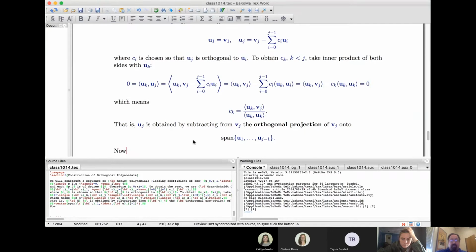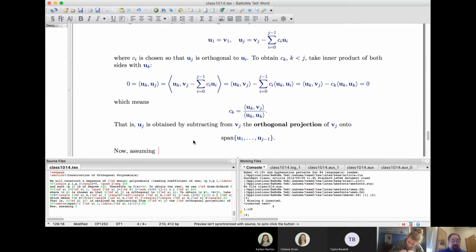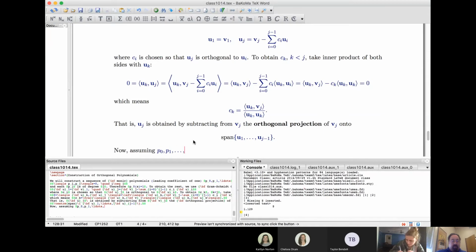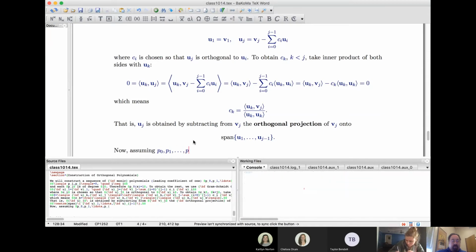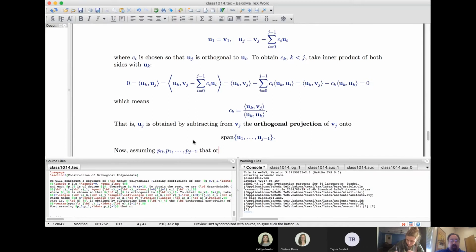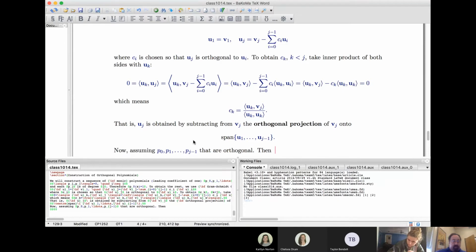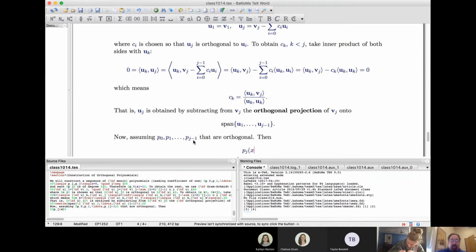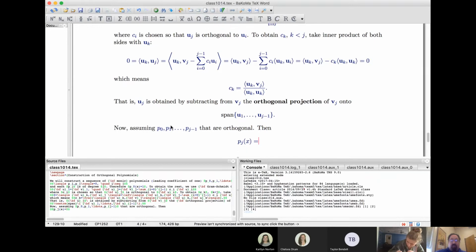Now let's assume that we have polynomials p0, p1, and so forth up to pj minus 1. Then pj of x is equal to, now all of these have degrees equal to their indices.